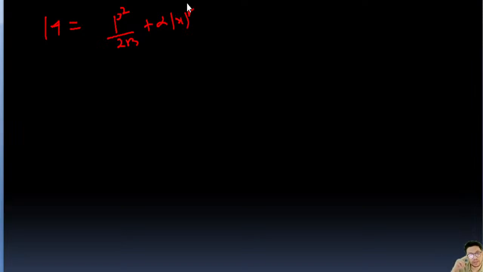Okay, so if we are given a Hamiltonian like that, and we have to find En, the dependency of En on n.